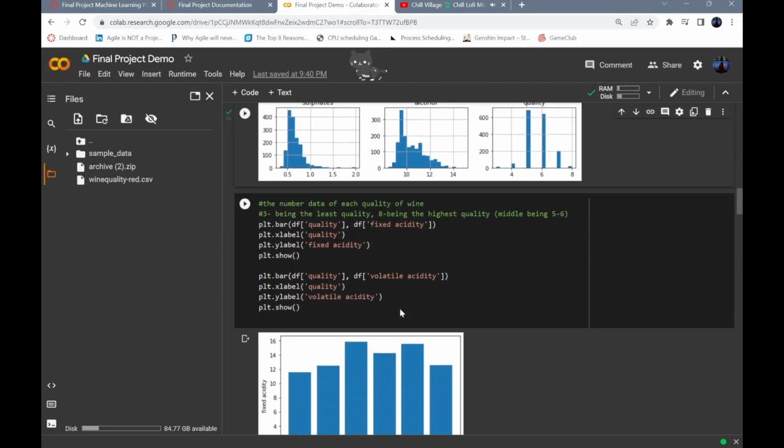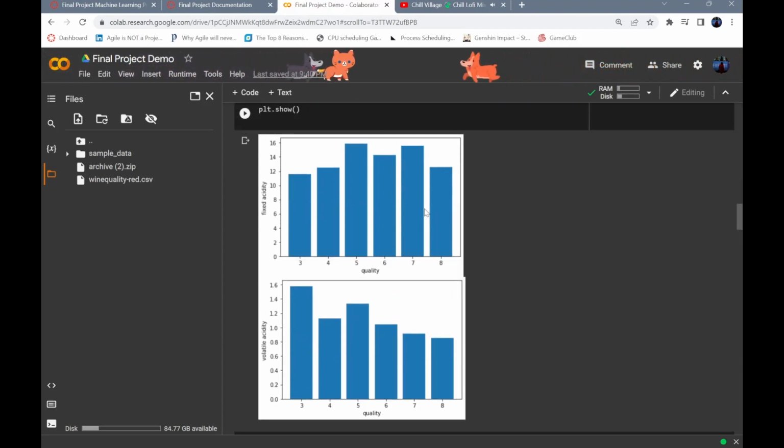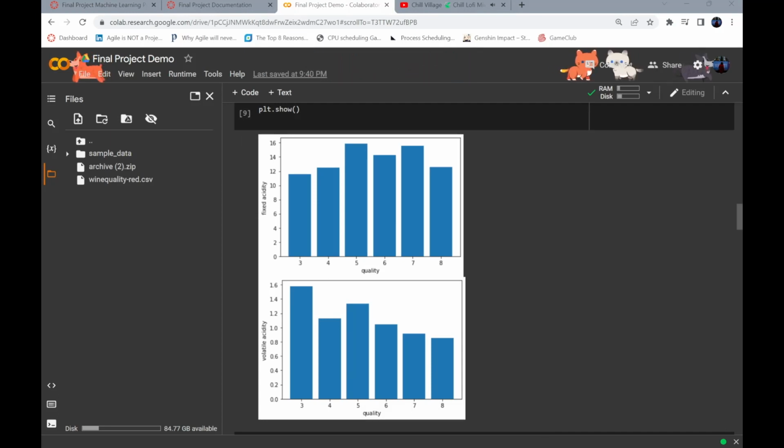So now we need to have the number data of each quality of wine, against our factors. First and foremost, we will be tackling the fixed acidity and the volatile acidity. So now we have those diagrams. This would mean the quality is high if certain factors are either low or high.